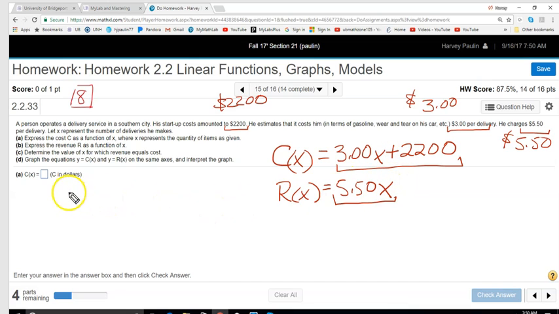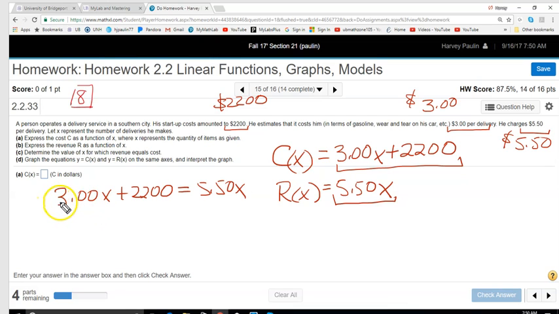So let's do that over here. 3.00x plus 2,200 equals 5.50x. So there is this part, where our cost equals revenue. We want to find out what value of x would be the break-even point.